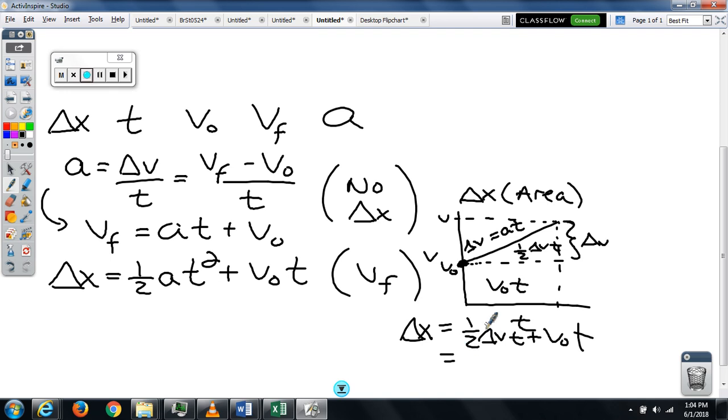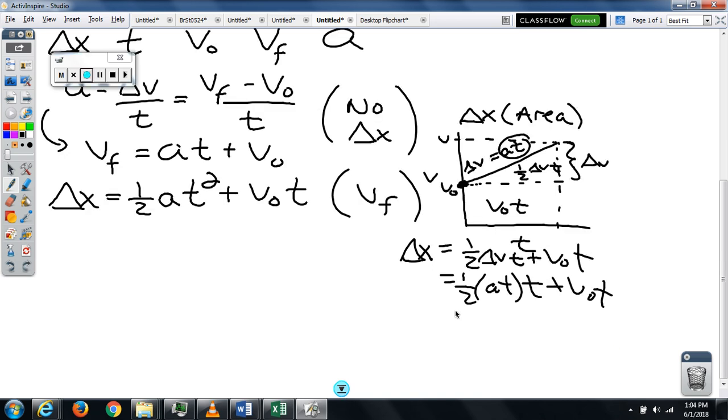But I can substitute in for delta v, a times t, and you get 1/2 a t times t plus v0 times t. So that equals, if you combine the t's, 1/2 times a times t squared plus v0 t. That's where that equation comes from.